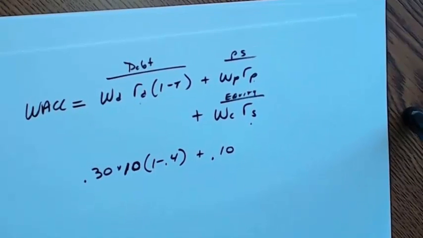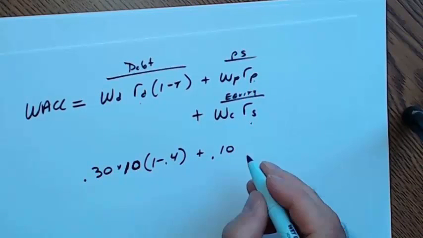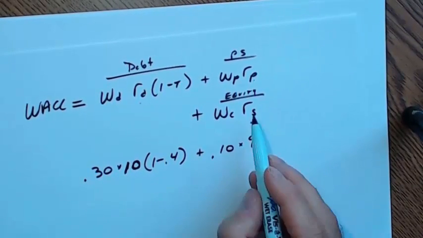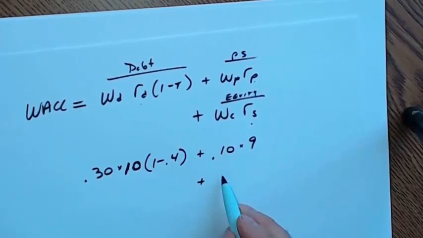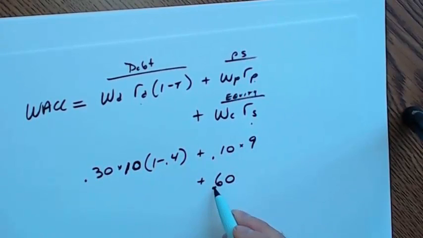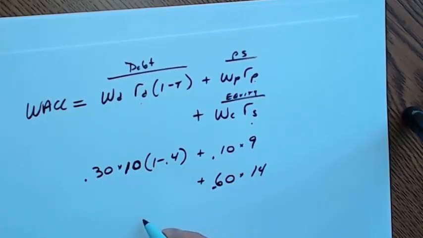Now RP we calculated a little while ago to be 9%. And then we took the target weight for common stock to be 60% times RS, which is 14. And so if we do the whole calculation, the weighted average cost of capital will be 11.1%. Okay?